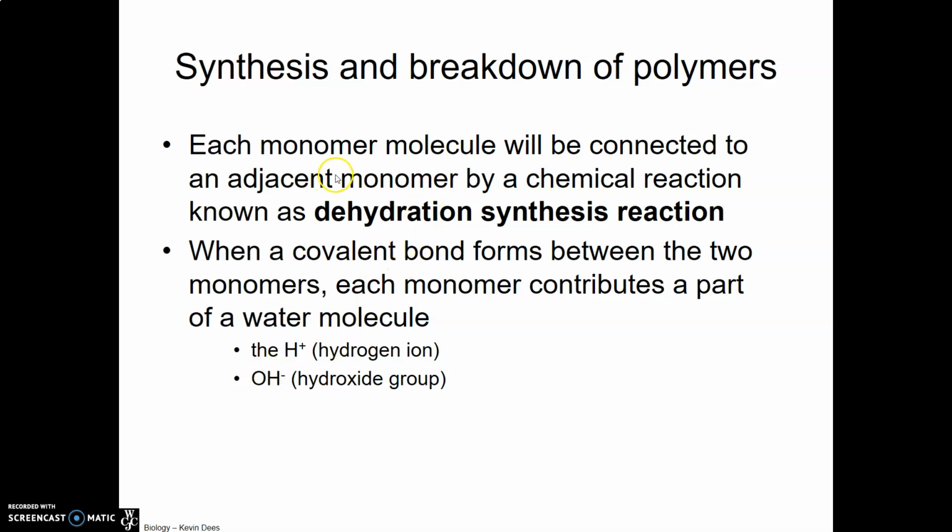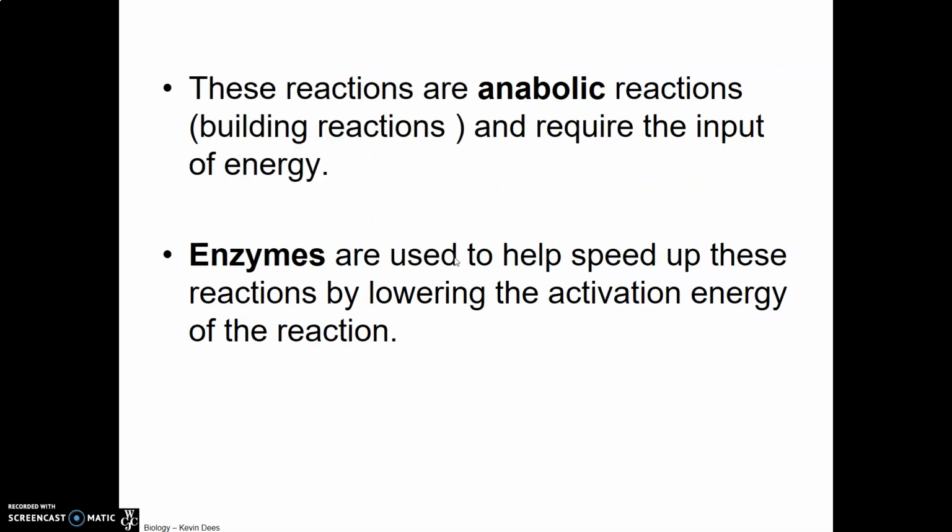And we're going to stick these monomers together using this dehydration synthesis reaction, forming a covalent bond between the adjacent monomers. At the same time, each monomer is going to contribute a part of this water molecule, the hydrogen ion from one and the hydroxide from the other, to make our water molecule. This is why this reaction is known as dehydration synthesis.